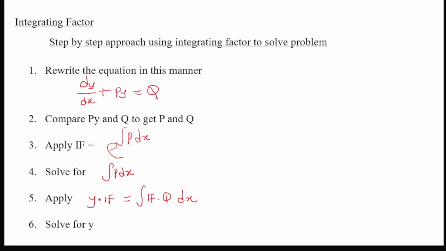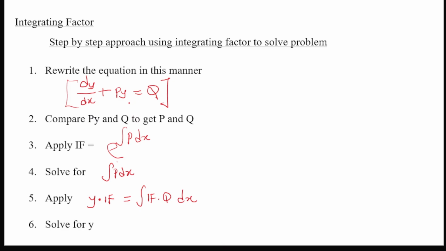Now what are the steps that will guide us in solving problems dealing with the integrating factor? The first step is to rewrite your equation to suit this manner. And what's the manner? Your equation is going to look like dy/dx + Py = Q. This is telling you to rewrite your equation to start with dy/dx.